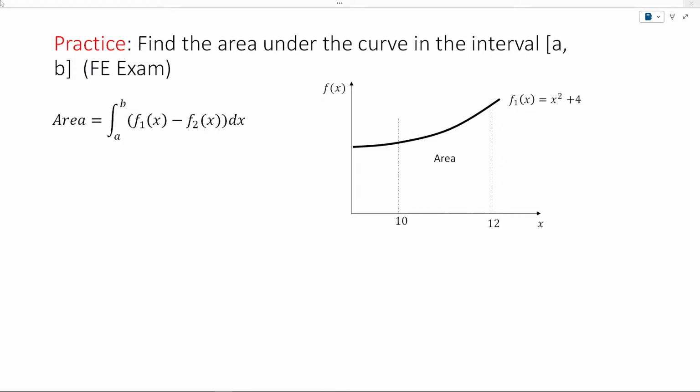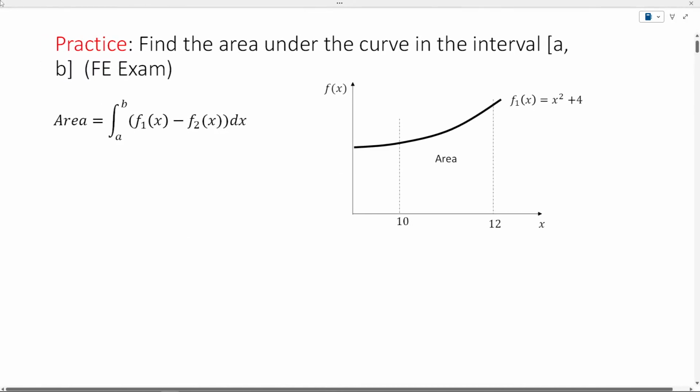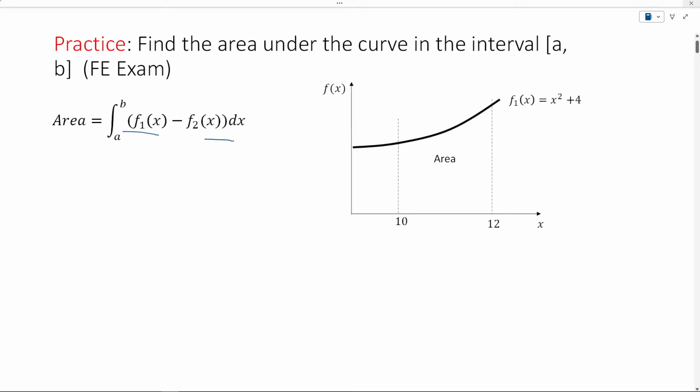A typical FE exam problem will tell you, for example, find the area under the curve. To find the area, basically, that would be the area between your first curve and your second curve. So here we have our first curve, which is this one here.